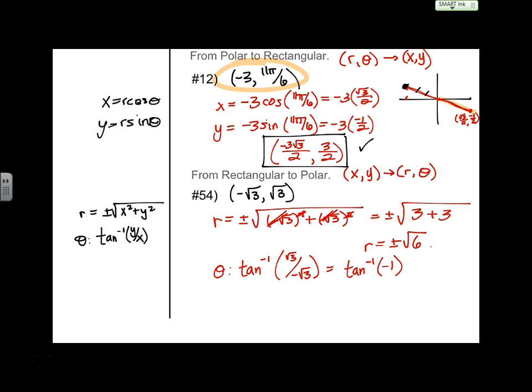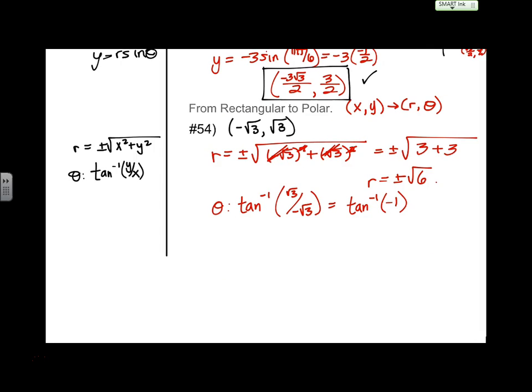When is tangent negative? In what quadrant? It could be the fourth or it could be the second. Because in 1, positive over positive, tangent is positive, and in 3, negative over negative is positive. So I have either quadrants 2 or 4.